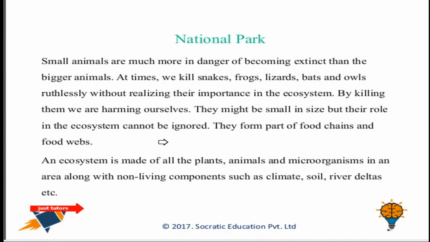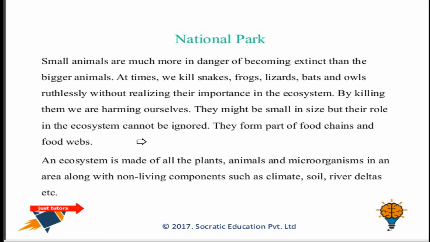We have some more to say about national parks: small animals are in much more danger of becoming extinct than the bigger animals. If you talk about snakes, frogs and lizards, they are killed ruthlessly by common people in daily life because people feel they are harmful.